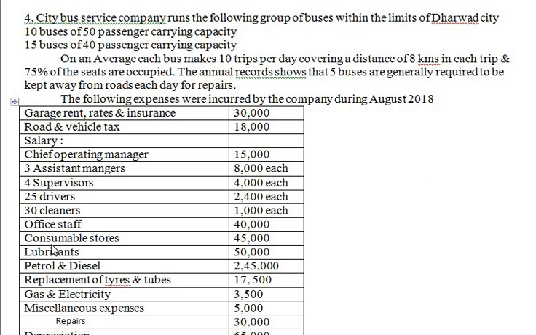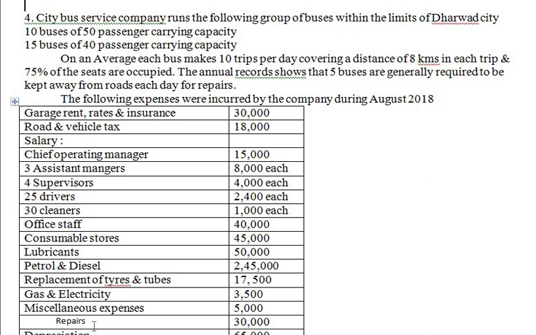Then consumable stores. Now consumable stores is a running expense. Lubricants, again a running expense. Petrol and diesel, running expenses. Replacement of tires and tubes, that is repairs and maintenance. Gas and electricity, we consider it under repairs and maintenance, or you can even take it as fixed as well.